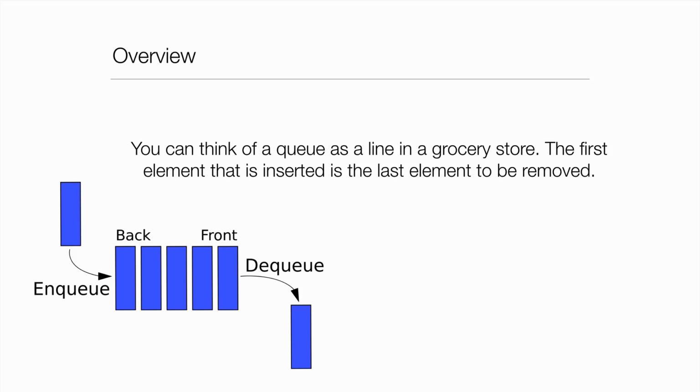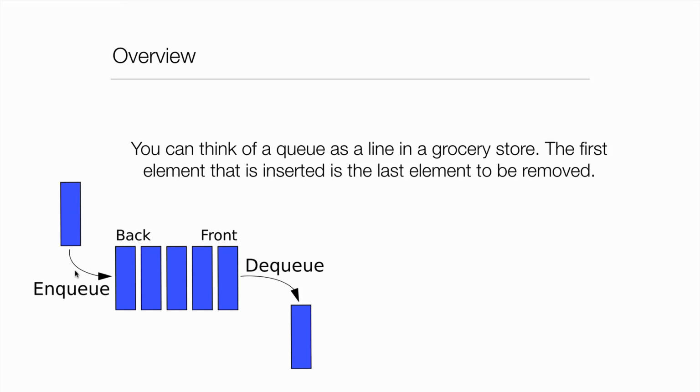So if a grocery store line worked like a stack, somebody would get in line, and if the cashier is available, you get out of the line immediately. And if you get in the line and then another person gets in front of you, that person is going to get to use the cashier first. He's going to make his purchases first. And we can actually see that here with the cute little diagram.